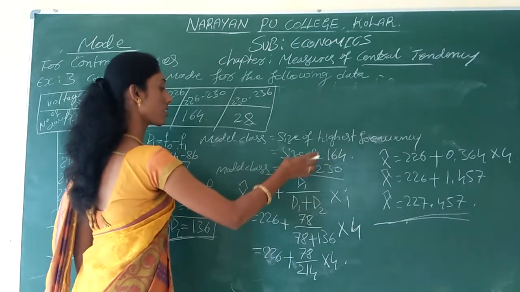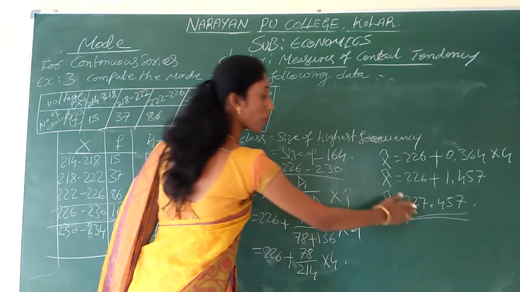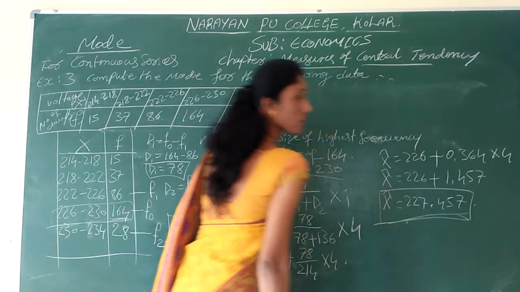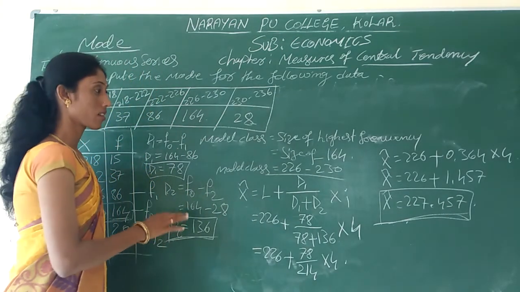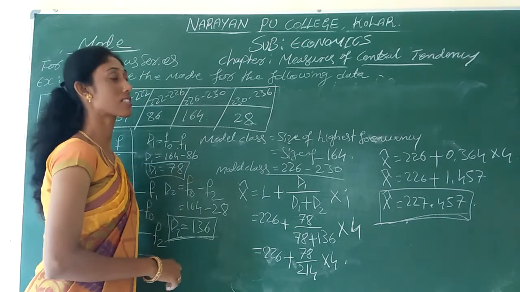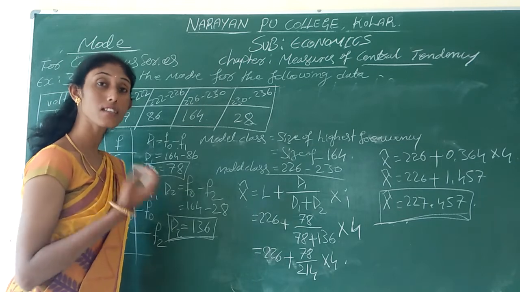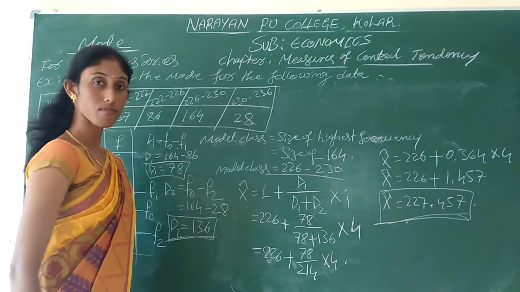Now the answer is between 226 to 230. The exact value we have pointed out. This is the mode in this data. Got it now? This is all the types of averages to measure central tendency. Central tendency or average means finding a single value to represent the whole data.